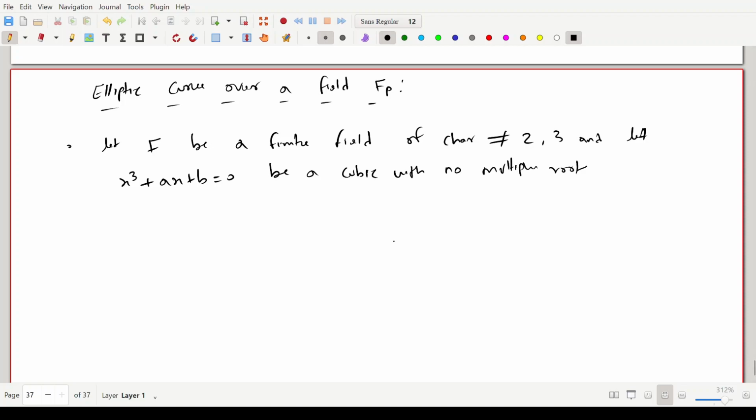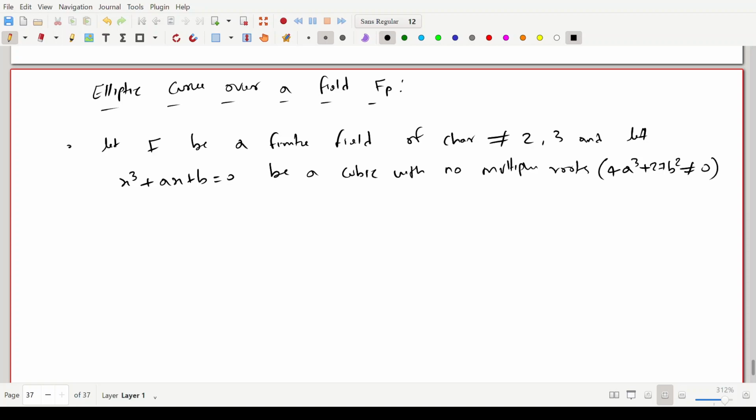What do you mean by no multiple roots? That is 4a cube plus 27b square is non-zero. If it is 0, then it has a repeated root.